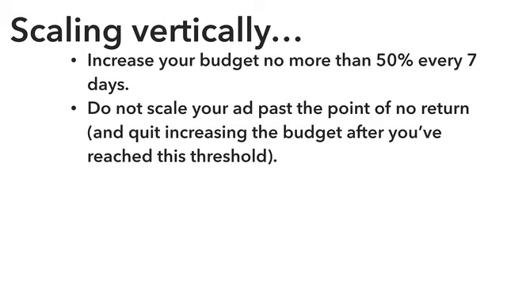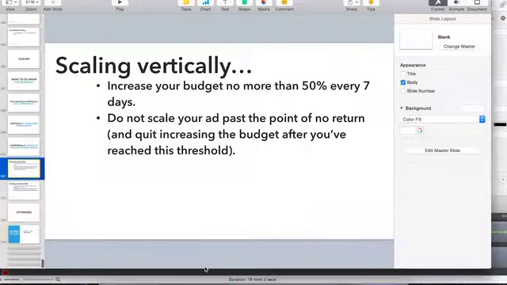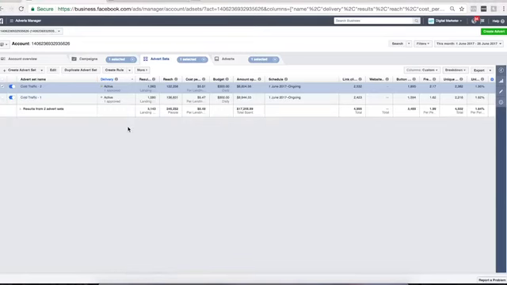We also do not recommend scaling your ad set past the point of no return. So what I mean by this, and let me hop into Ads Manager. So back to these ad sets that we've been using, both of them are at $300. I've scaled them a little bit over the past month or so.